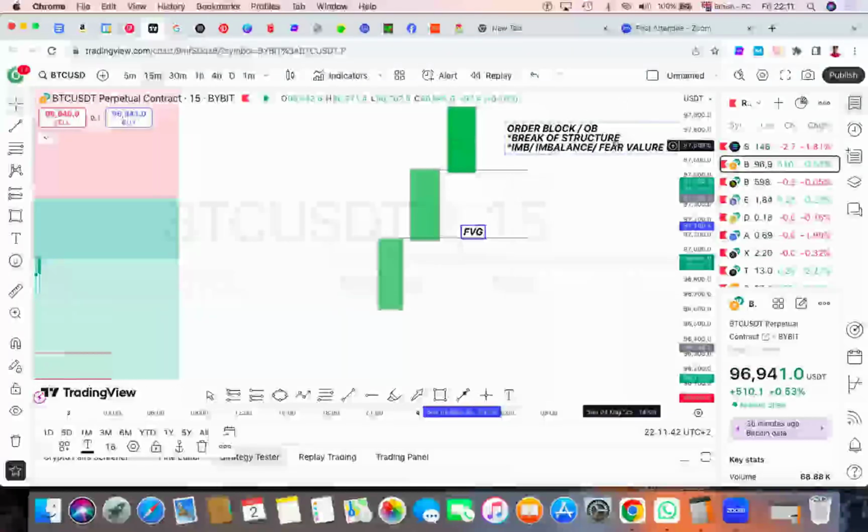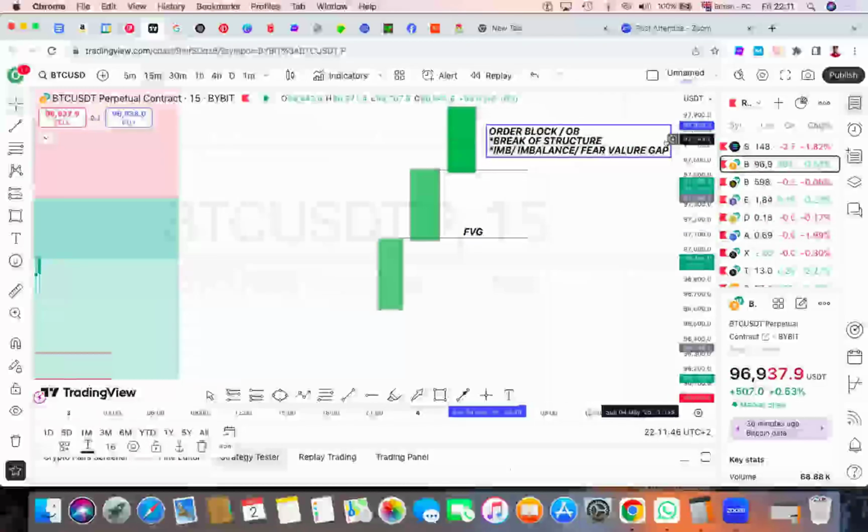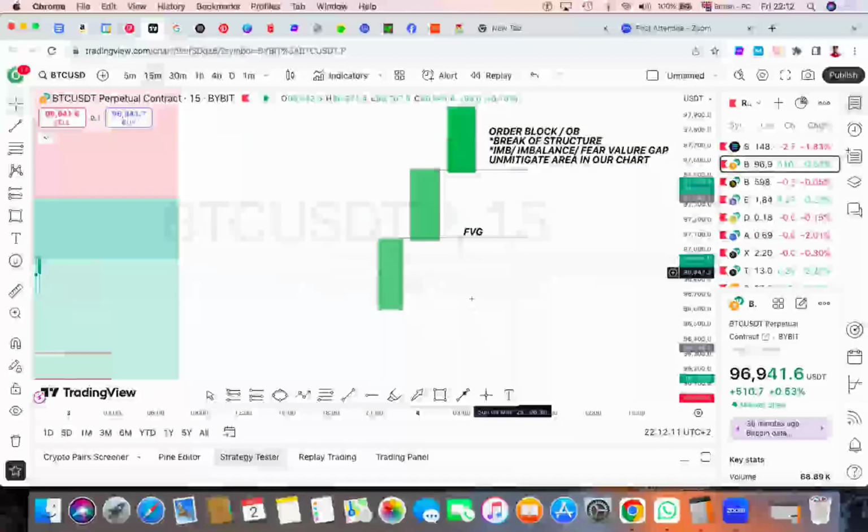It's one of the things we have as our confluences. So one of the criteria is that you would see there are unmitigated areas.